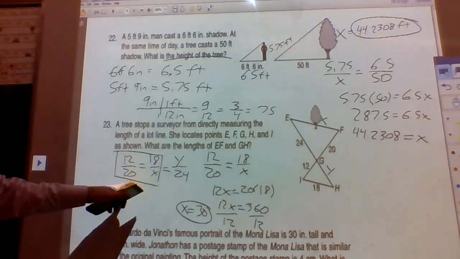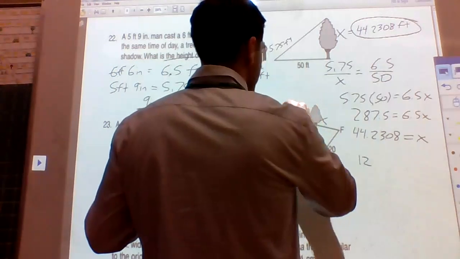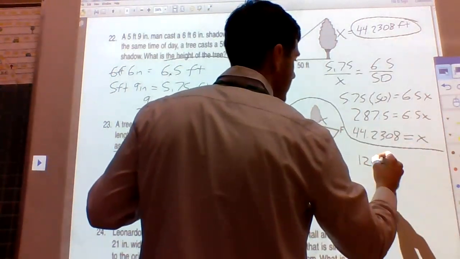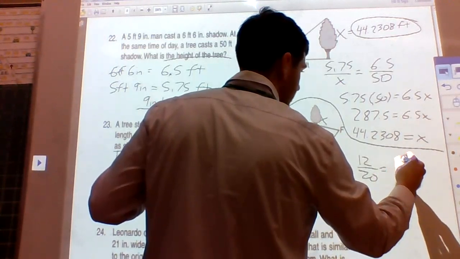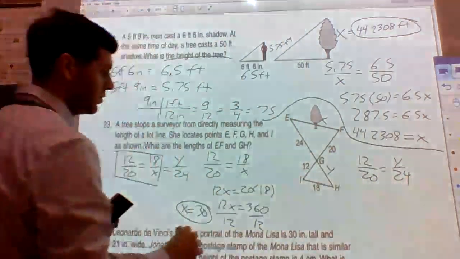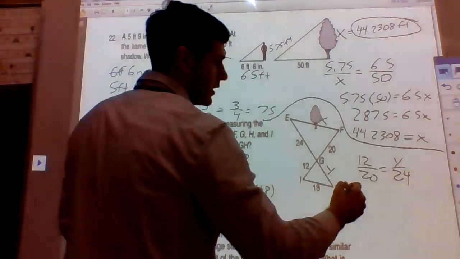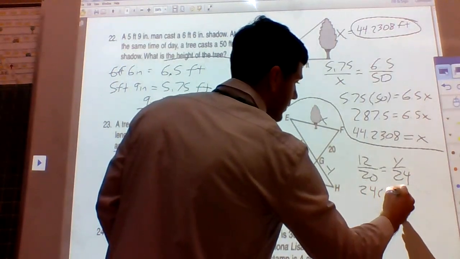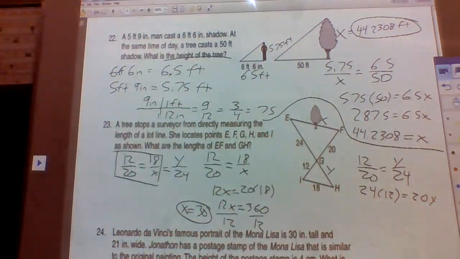I can do 12 over 20 and Y over 24. I pick any of the two ratios I want and set them equal. So 12 over 20 and Y over 24. 24 times 12 when we cross multiply, and 20Y. 24 times 12 is going to give us 288.